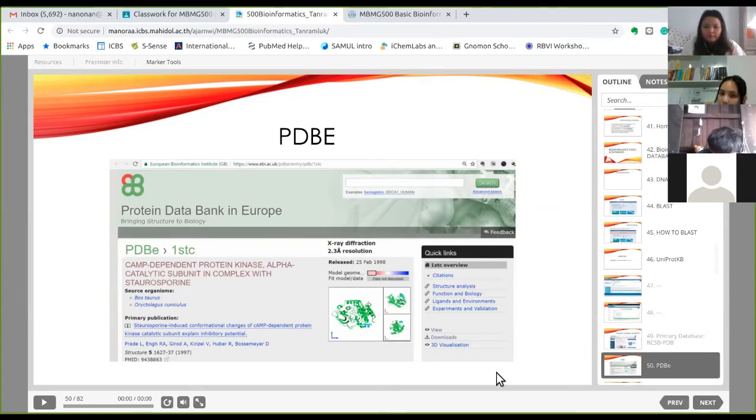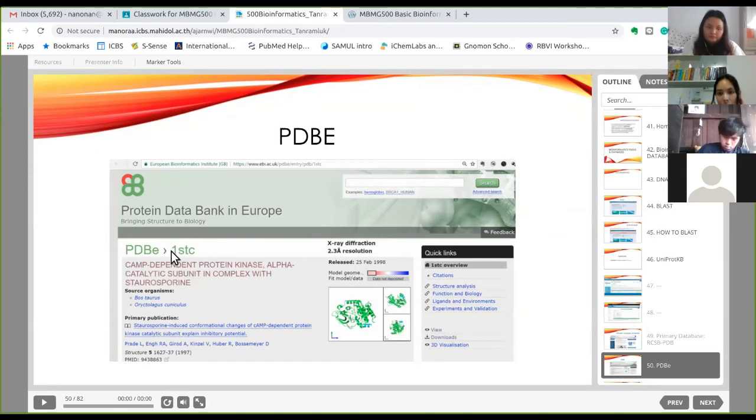So once you come here, you can put the protein name, or you put UniProt code, BRCA1 human, or you can put a 4-letter code. The 4-letter code, basically the PDB file format will come with the 4-letter ID. These 4 letters are a unique identifier of that protein structure.